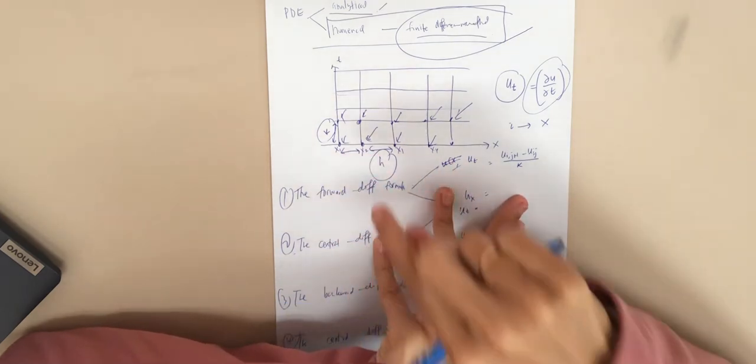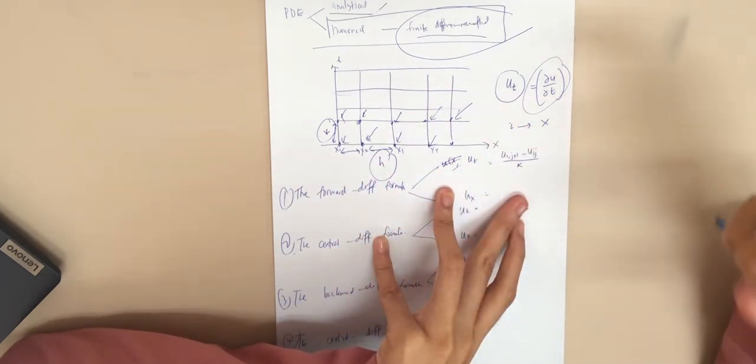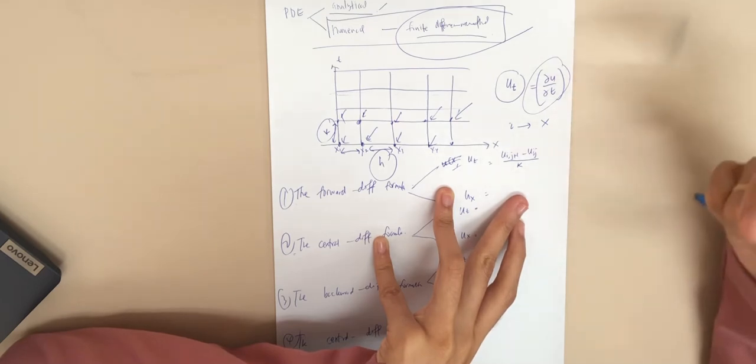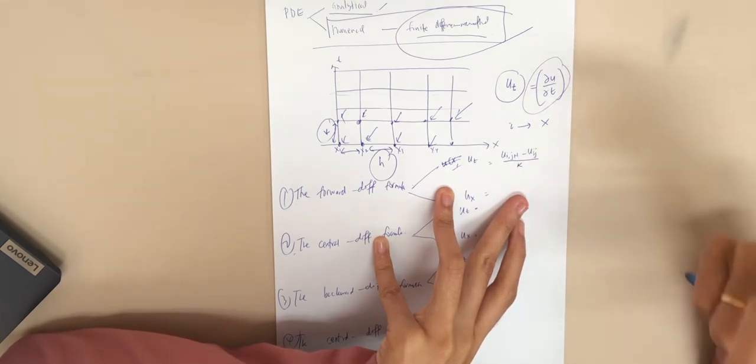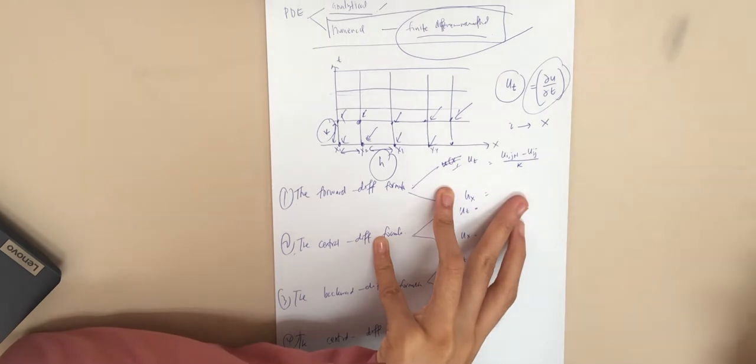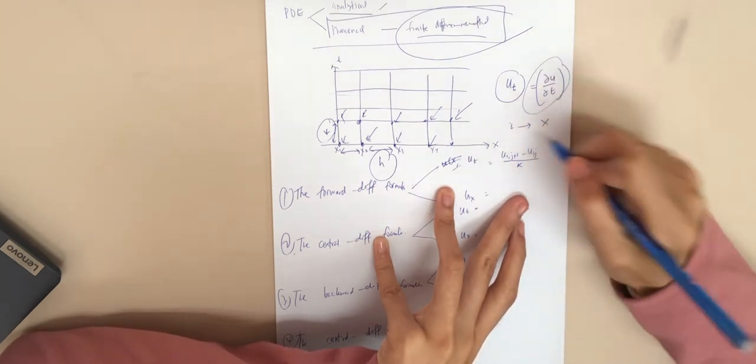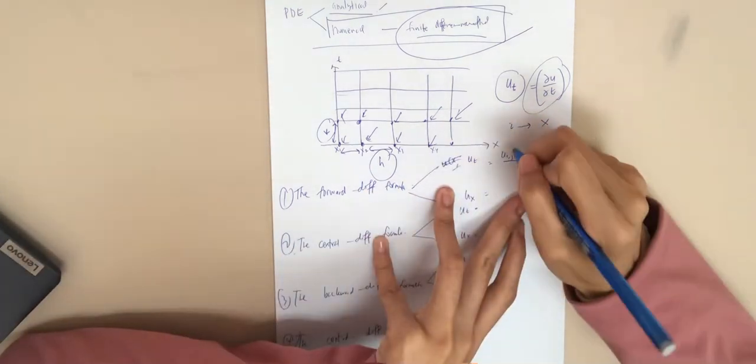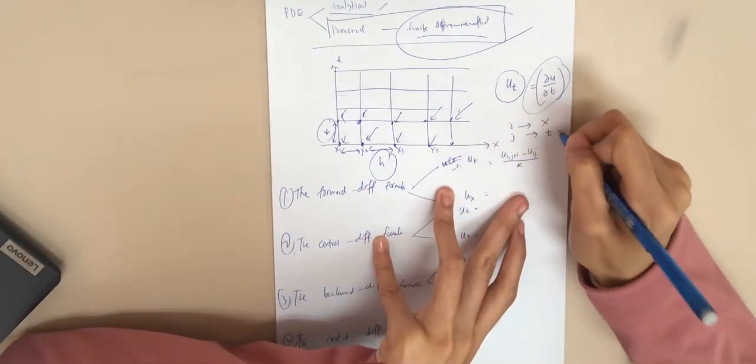So 1, 2, 3, 4 we denote as i. I tu maksudnya nak tunjukkan to represent the movement of x, the increment for x. So i is for x, and j is for t.